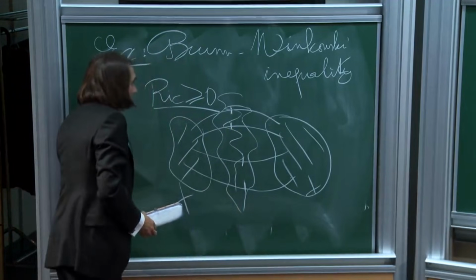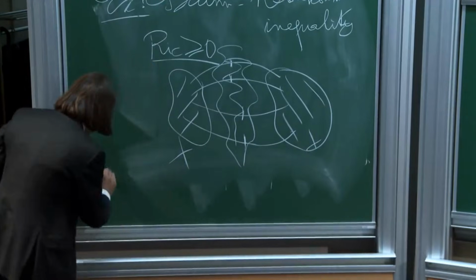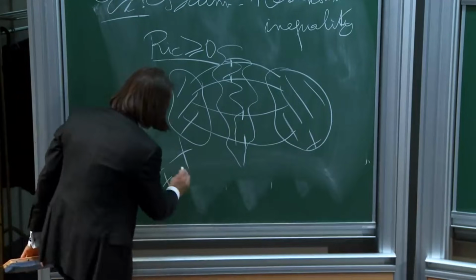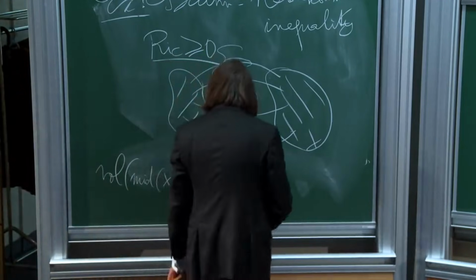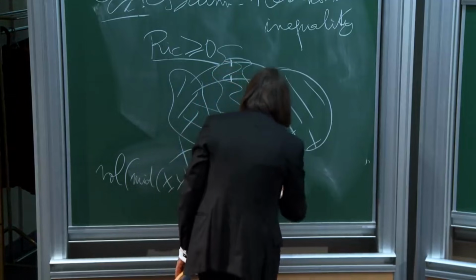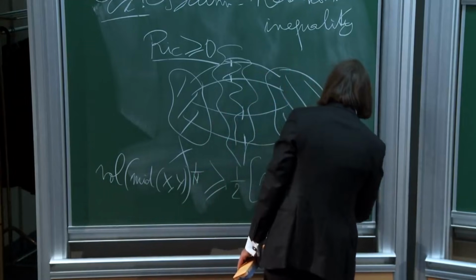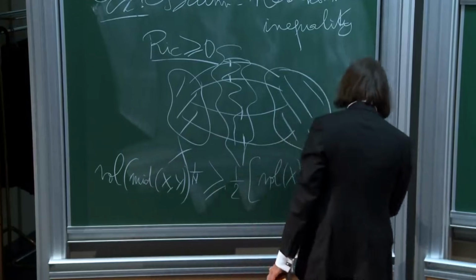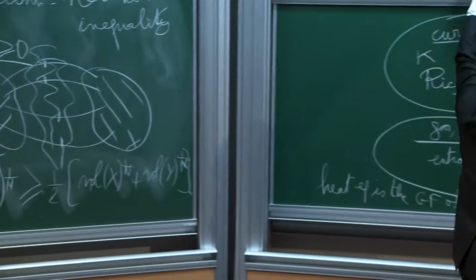Then this set of midpoints cannot be small. It has to be large. The volume of midpoints of X and Y to the power 1 over n, where n is the effective dimension of the space, is bounded below by half of the volume of X to the power 1 over n plus the volume of Y to the power 1 over n. So that's one example. There are many others.